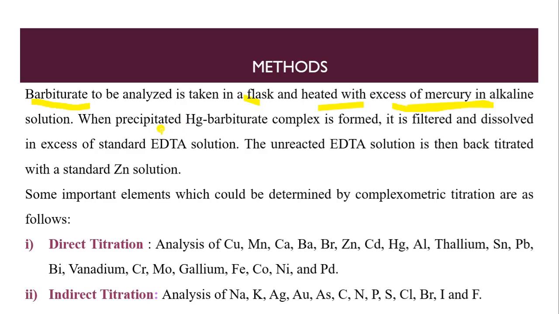When the precipitated mercury barbiturate complex is formed, it is filtered and dissolved in excess of standard EDTA solution. After that, the unreacted EDTA solution is back titrated with standard zinc.